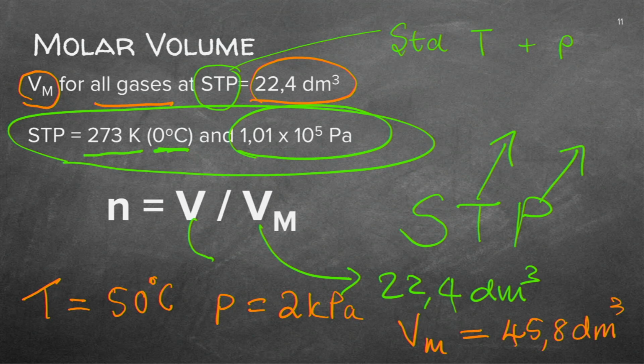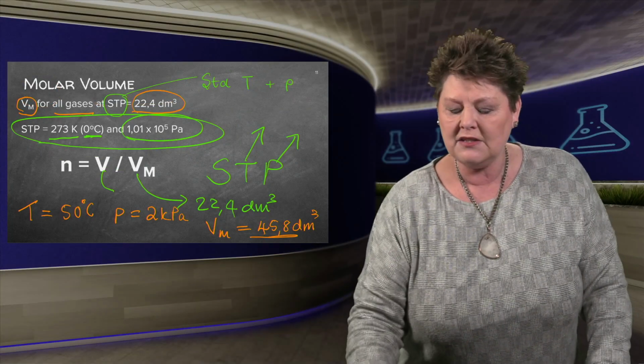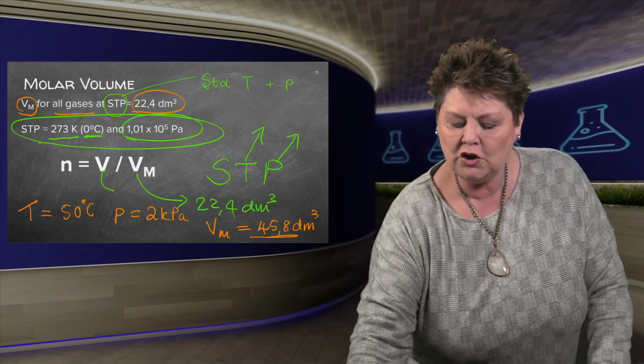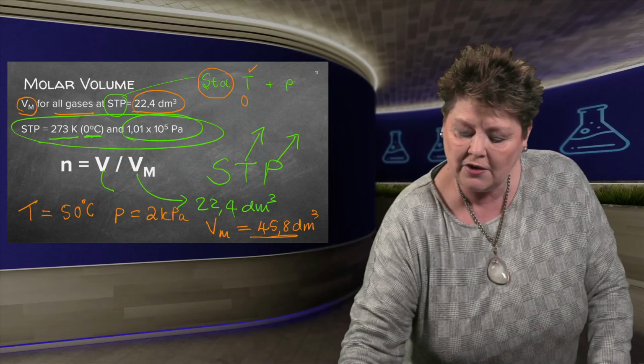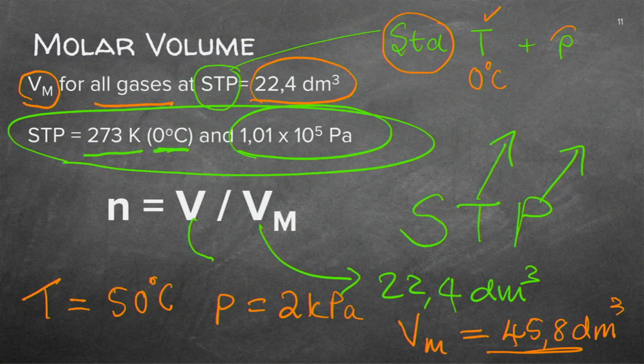Then you work with that value. But if they give you nothing else but STP, you will know the standard temperature, which is 0 degrees Celsius, and atmospheric pressure, which is 1.01 times 10 to the 5th Pascal.